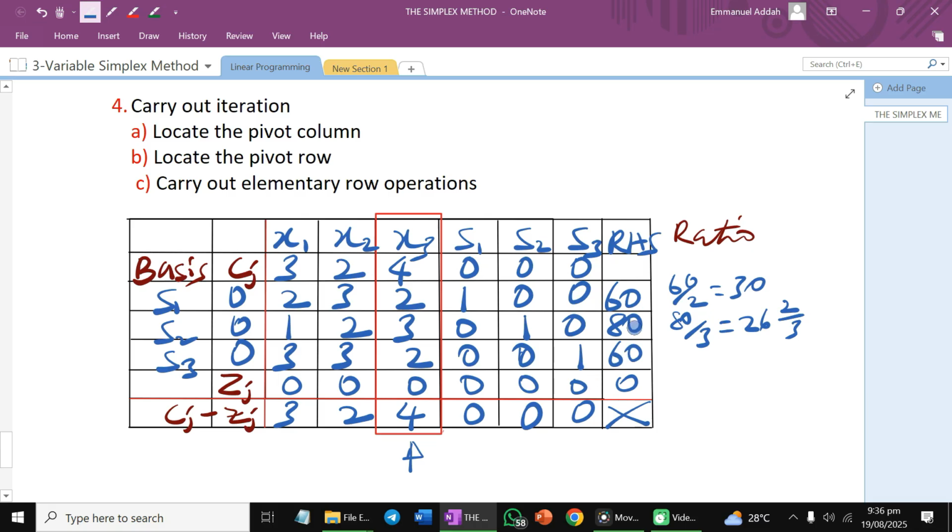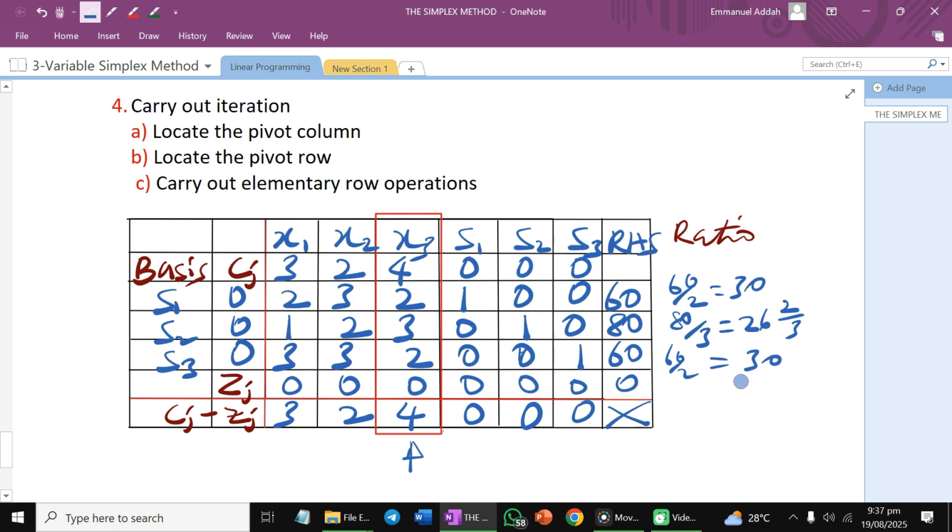Because we want the variable that will enter the basis between x1 and x3 to replace, and as it's entering, the slack variable is leaving the basis at the same location. So the next one is 60 over 2, that will be 30.